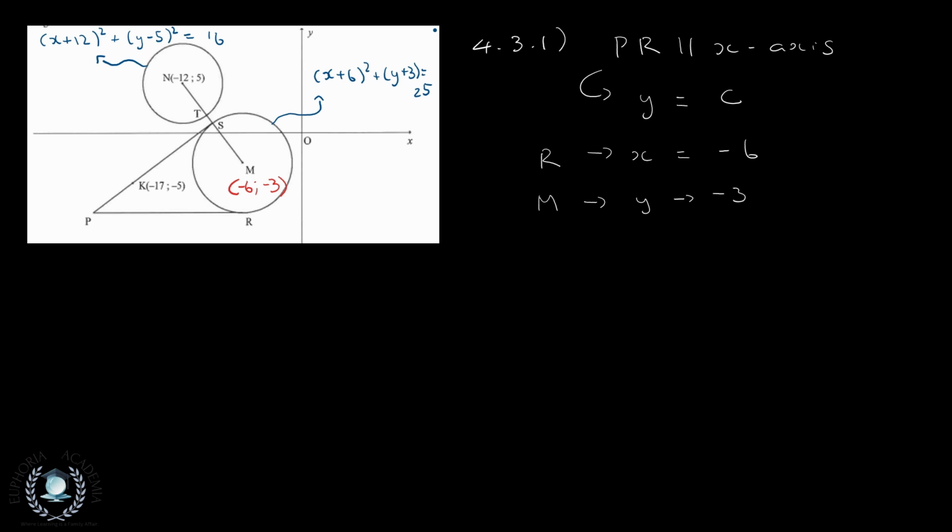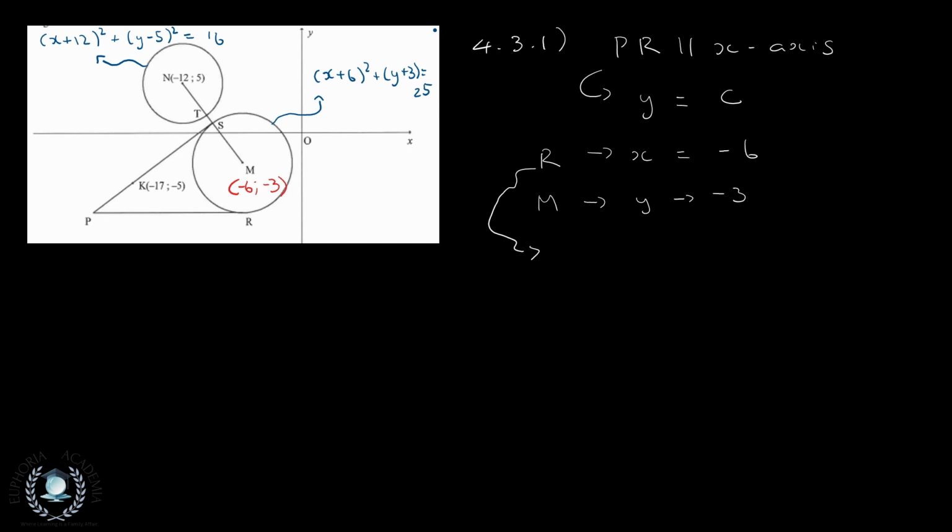So that means from the x-axis we move 3 units down, and then going to R, which is on the circumference of the big circle, is actually equaling the distance of the radius.